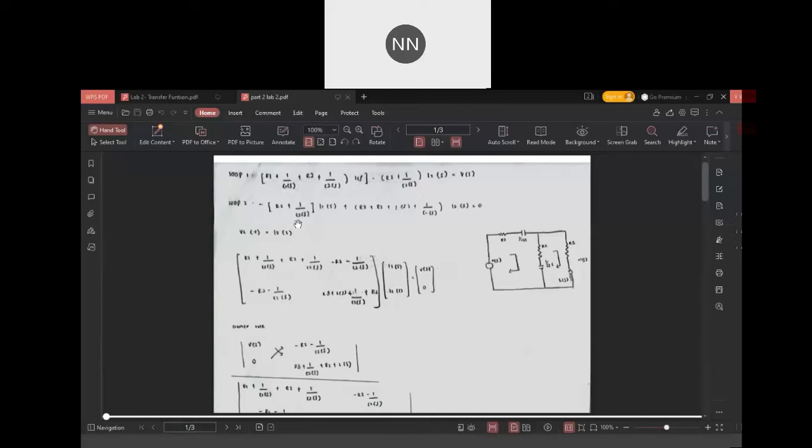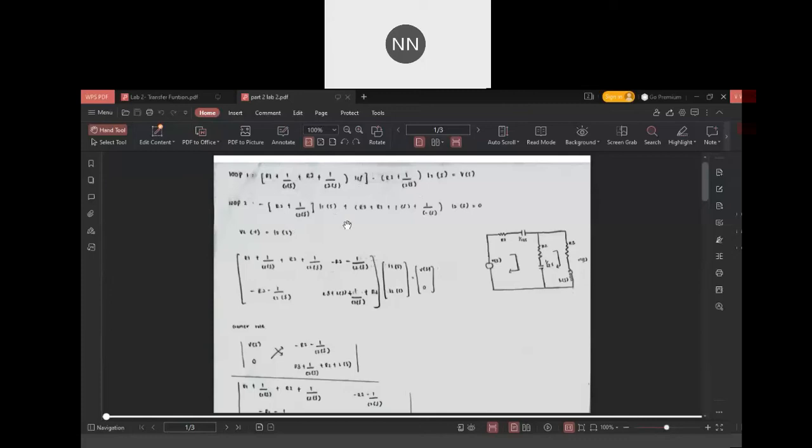For loop 2, negative (R2 plus 1 over C2s) I1(s) plus (R3 plus R2 plus 1 over C2s plus Ls) I2(s) equals 0.